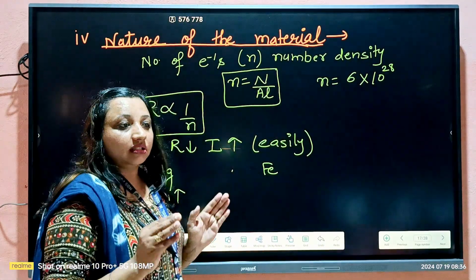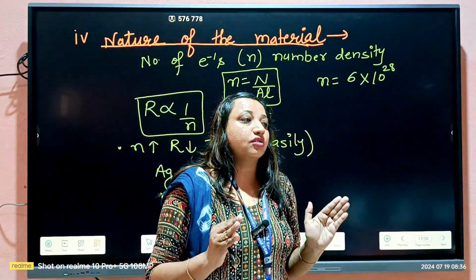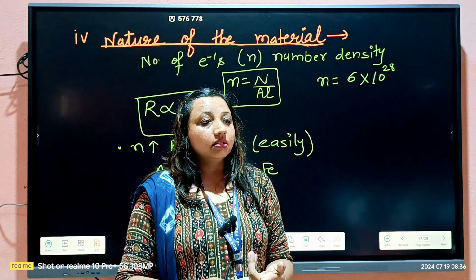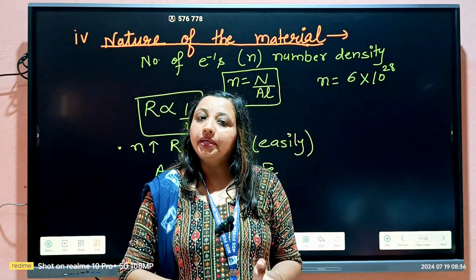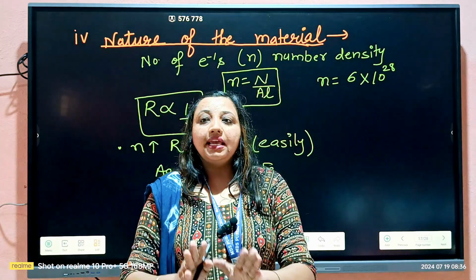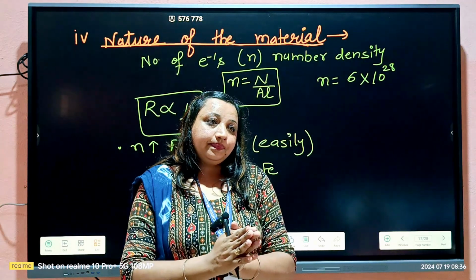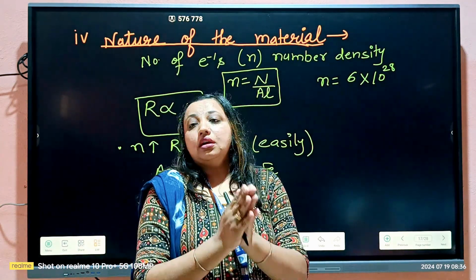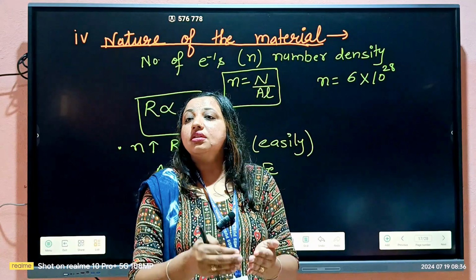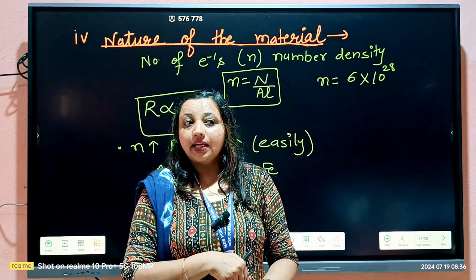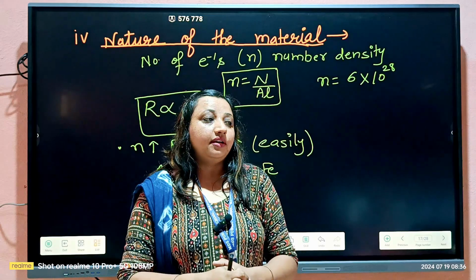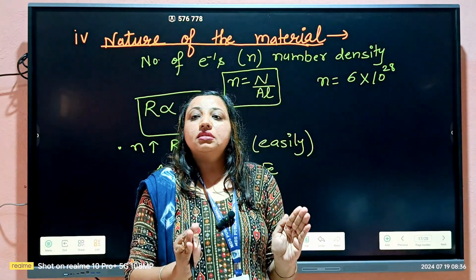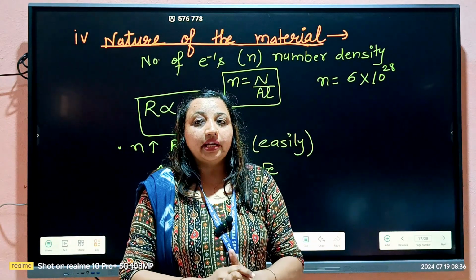So these are the four factors on which the resistance of a conductor depends: length, area of cross section, temperature, and nature of the material, right? Same in case of resistivity. If you have to ask what is the effect of temperature on the resistivity, then on what factors does the resistivity depend? Does the resistivity of a conductor depend on the length and area?